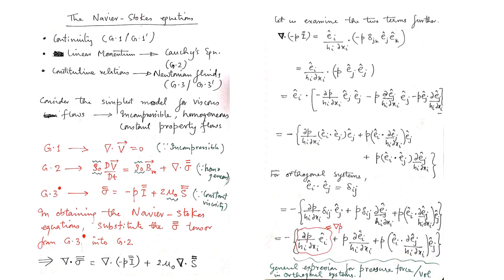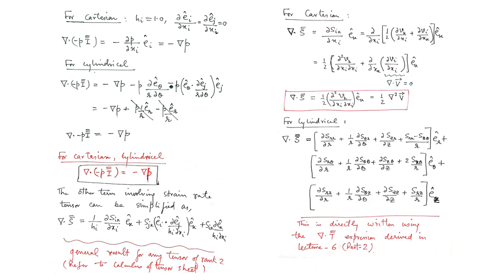Right. So for Cartesian, the stretching factors hi are all 1 and unit vector derivatives are 0. So the two terms drop out of the three most general terms that we have, and therefore we have finally the divergence of the isotropic part of the stress tensor, minus pi identity tensor I double bar, and this is equal to minus del p del xi ei cap in Cartesian, of course.